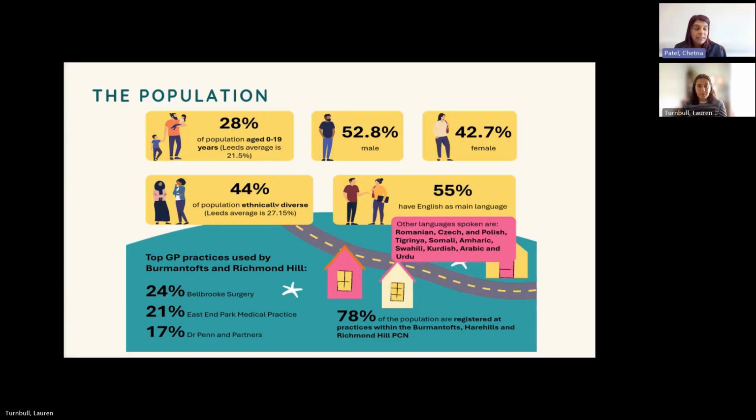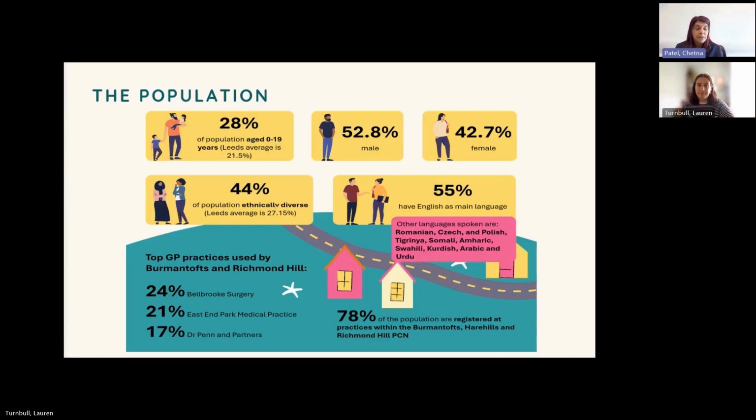So how this is worked out is by looking at the index of multiple deprivation, or IMD. I'm not going to go into it in a lot of detail. As Lauren said, we're going to just whip through slides. But basically, and a lot of our public health colleagues, I can see lots of you on here, you'll know this already. We look at things like employment, health, education and crime.